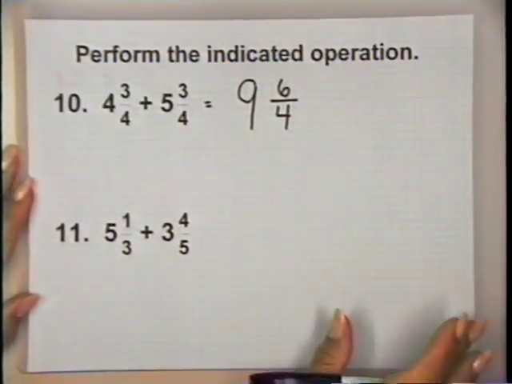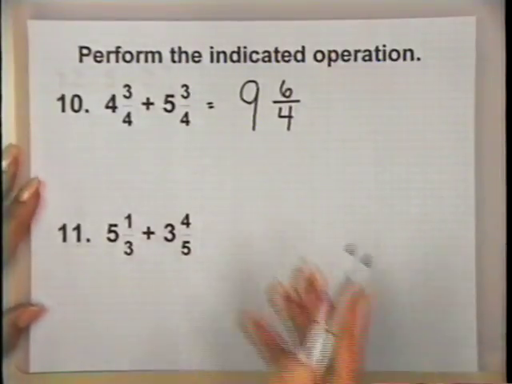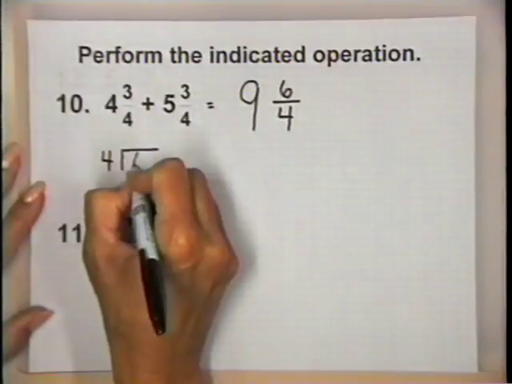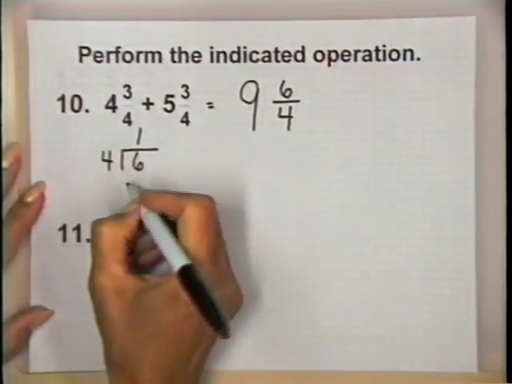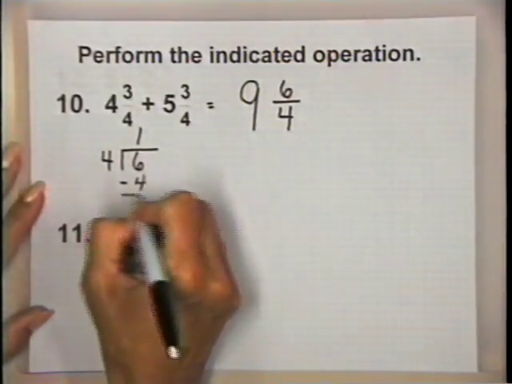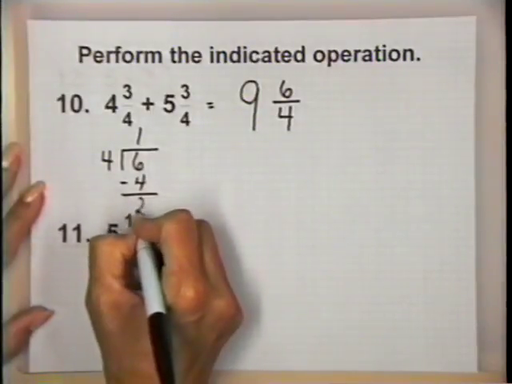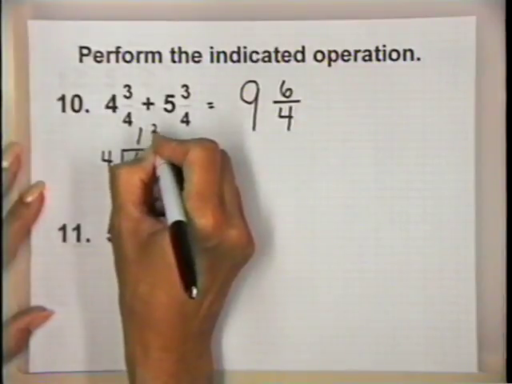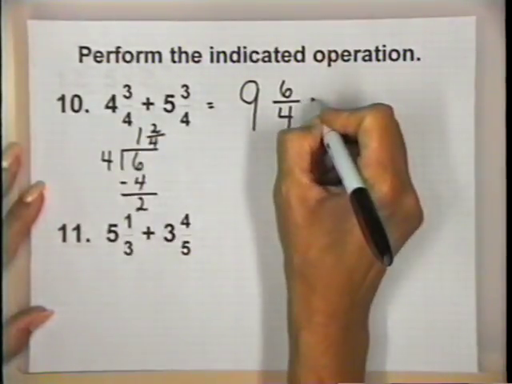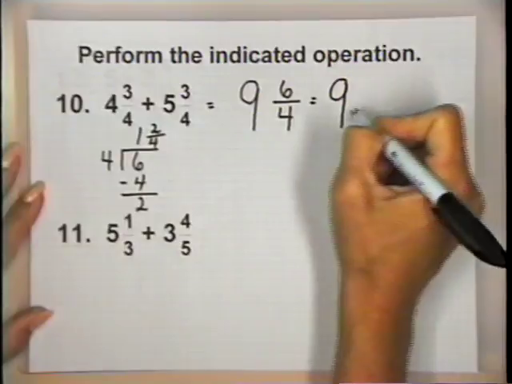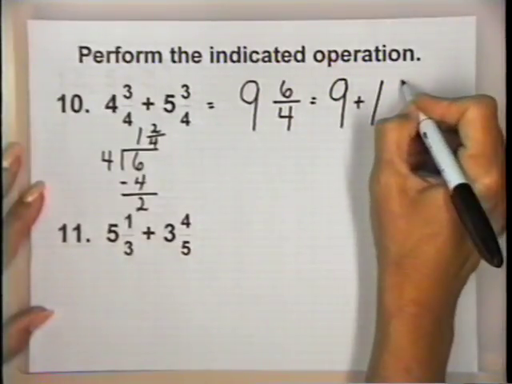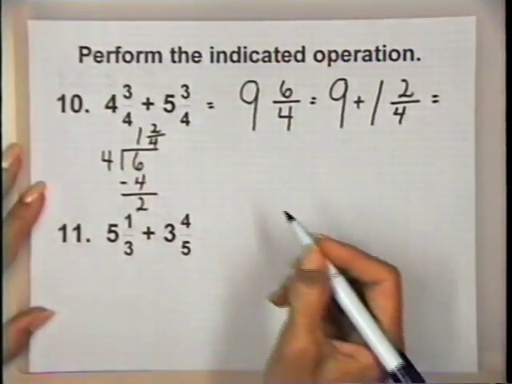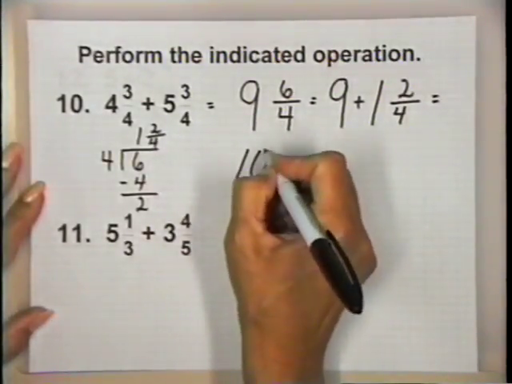Now let's look at 6/4. 6/4 is improper. Let's divide the 4 into the 6. It goes once. 1 times 4 is 4. When we subtract 4 from 6, we get 2. So 6/4 is equal to 1 and 2/4. So let's say 9 plus 1 and 2/4. 9 plus 1 gives us 10.